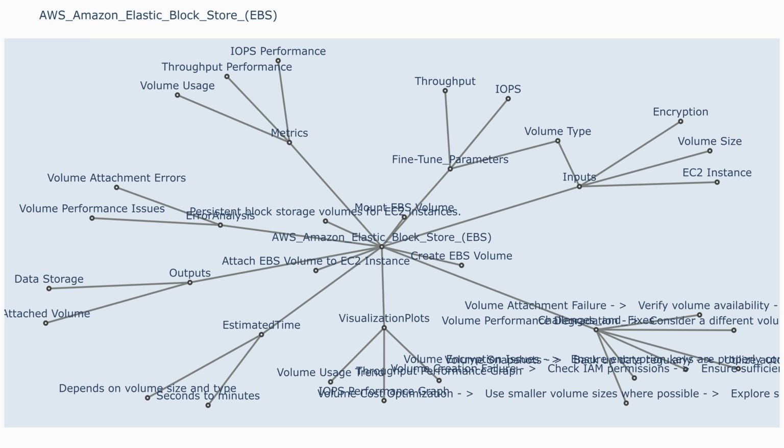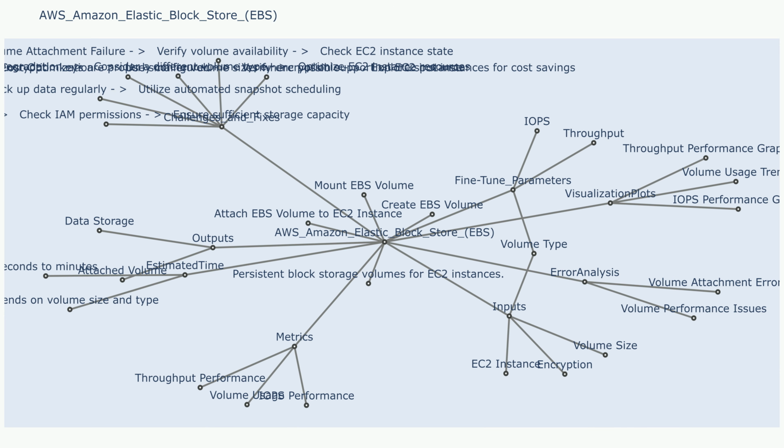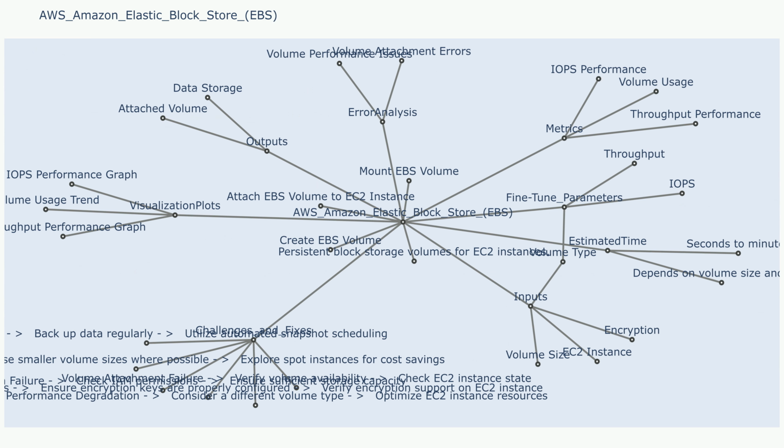YAML. Prerequisites. AWS account. Purpose: to access and manage AWS resources, including Amazon EBS volumes. Explanation: Amazon EBS is a service offered within the AWS ecosystem, requiring an active AWS account for authentication, billing, and resource management.